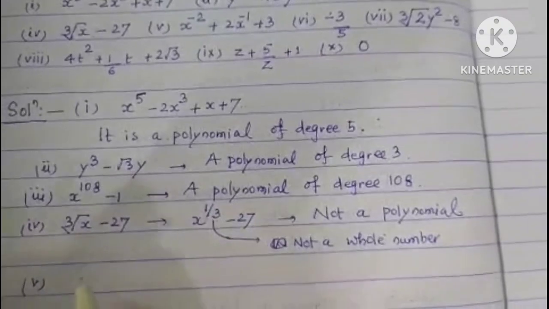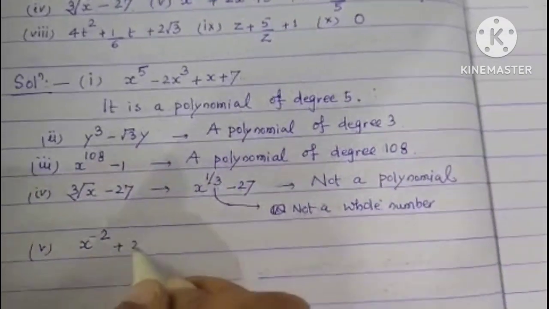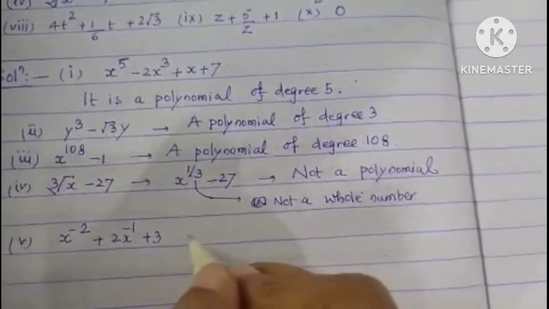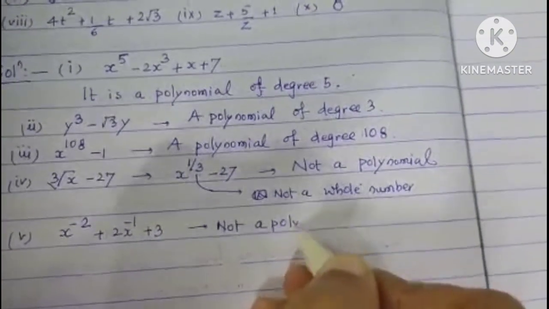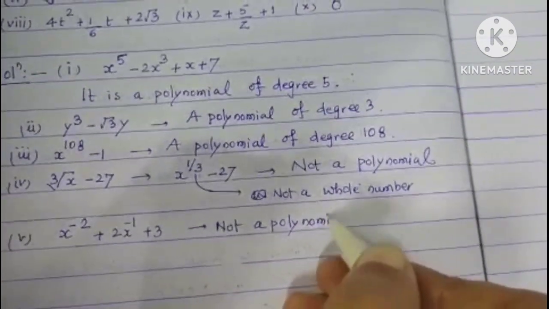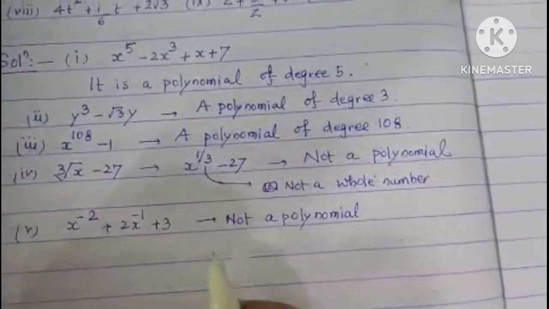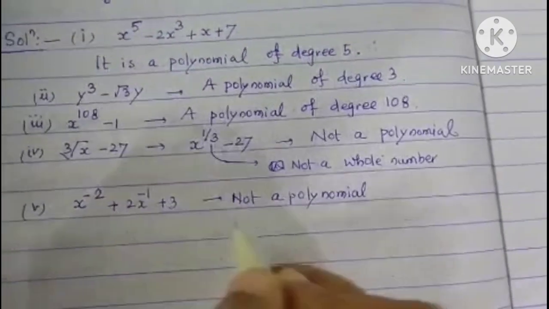Question 5: x to the power minus 2 plus 2 x to the power minus 1 plus 3. Again this will not be a polynomial, because the powers are negative. The powers are not whole numbers or non-negative integers, so not a polynomial.